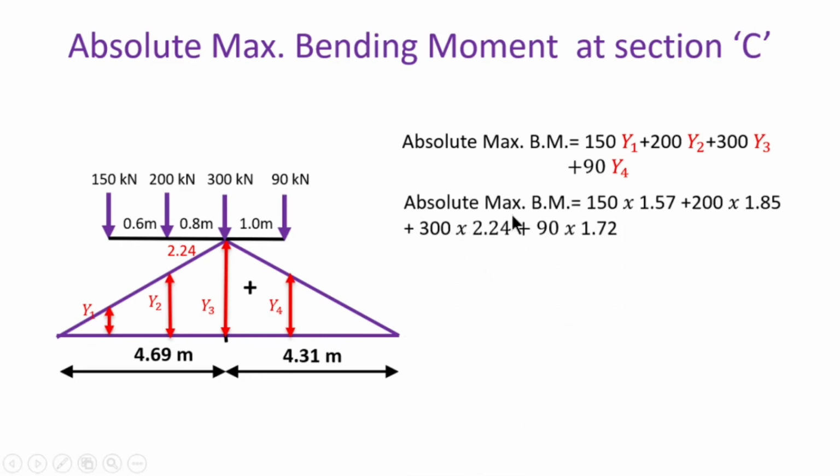So the absolute maximum bending moment is equal to 150 into 1.57 as y1, plus 200 into 1.85 as y2, plus 300 into 2.24 as y3, and last 90 into 1.72 as y4. So the absolute maximum bending moment is equal to 1432.30 kilonewton meter. Thank you.